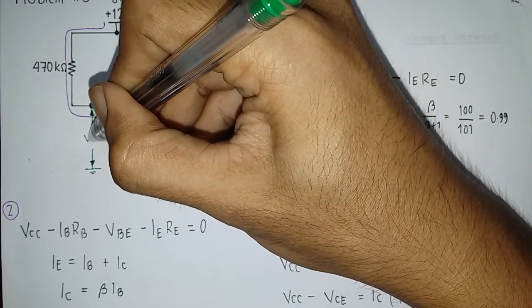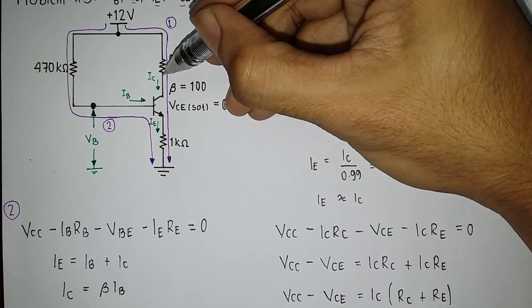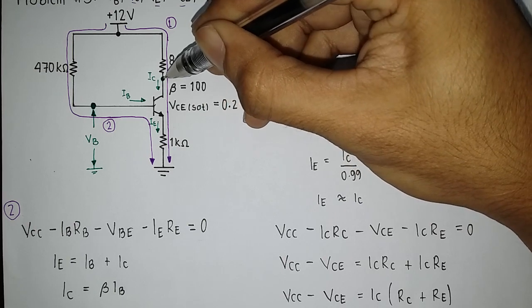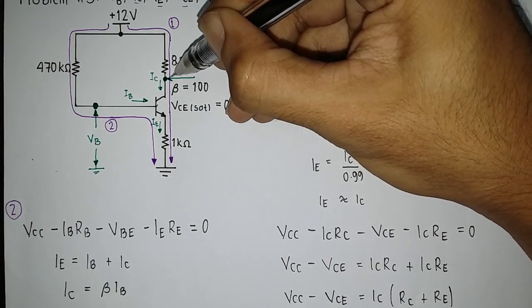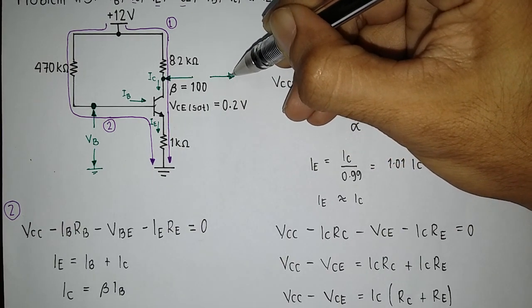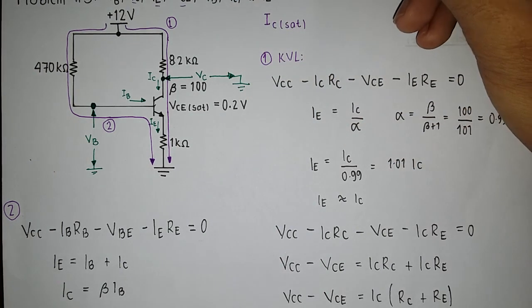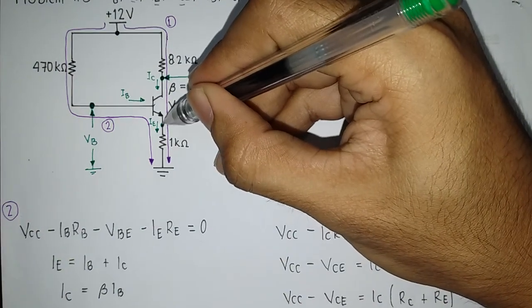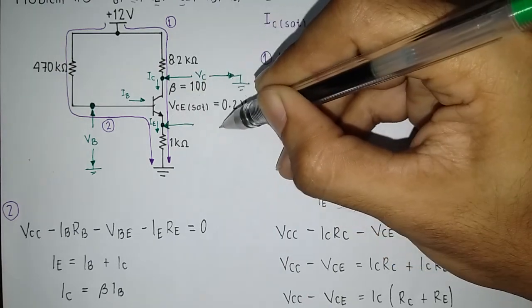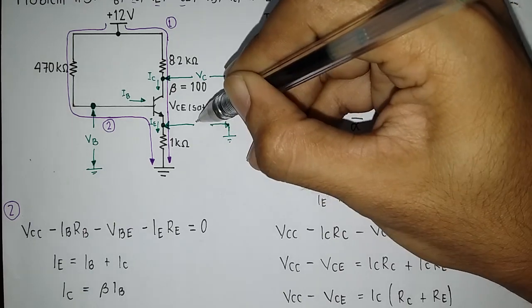Yung makukuha natin dyan is the base voltage. Dito naman sa kabila, kapag sa collector naman tayo nagsukat, nilagay natin yung probe ng voltmeter dyan, and nilagay natin yung kabilang probe sa ground. Makukuha natin dyan is the collector voltage. Ganon din dito, sa emitter, ang makukuha natin dyan is the emitter voltage.